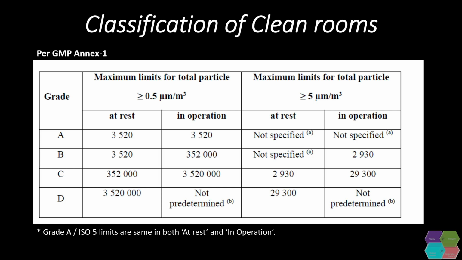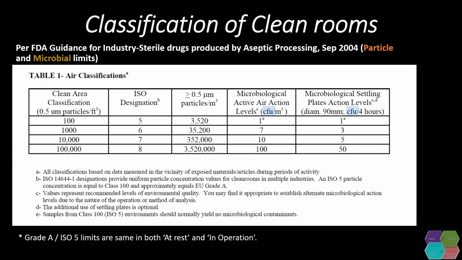This is just an example here. Okay, so per the FDA guidance for industry, sterile drugs produced by aseptic processing, issued in the year 2004, these are the particle count limits and these are the microbial count limits.